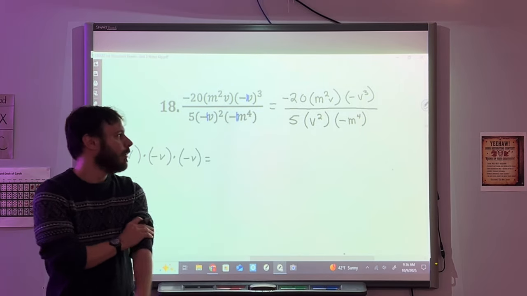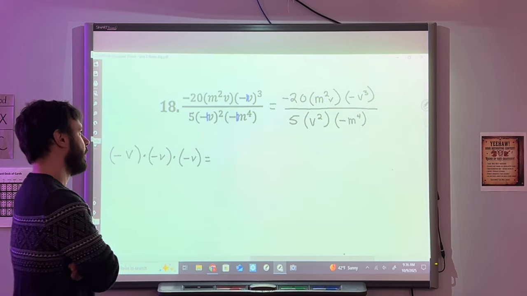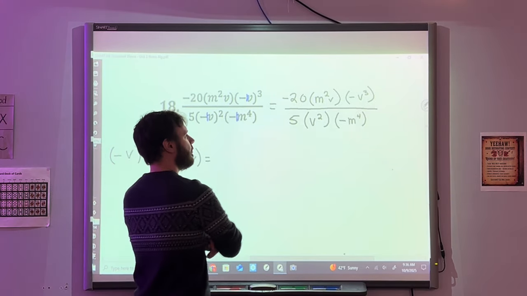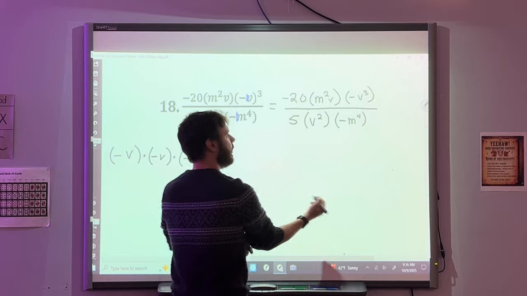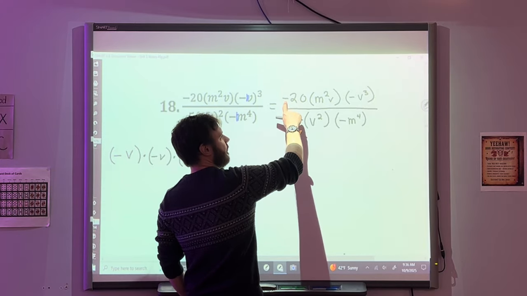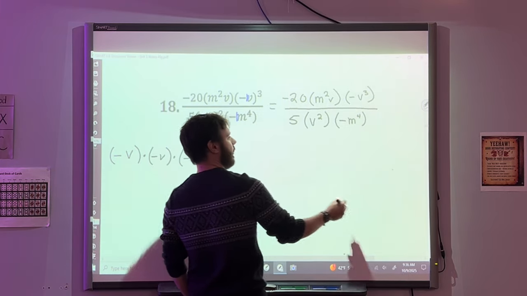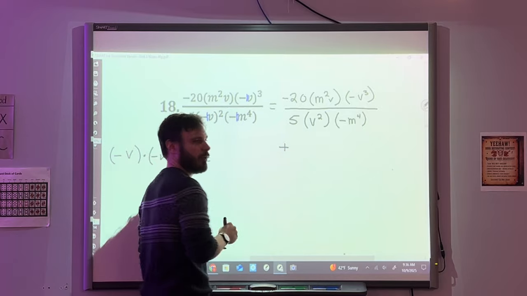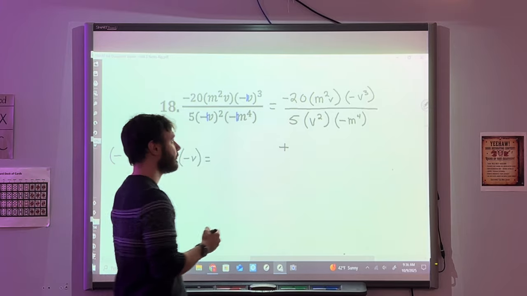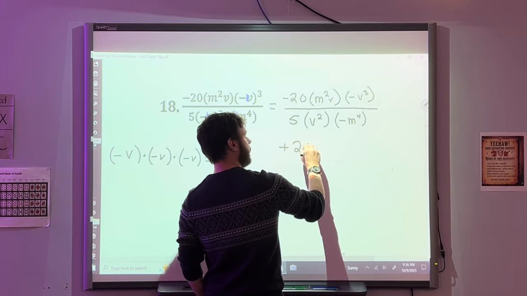Okay, we can start to simplify this. It's coming together. Let's combine everything across the top right now. I have a negative here and a negative here. That's going to make my numerator be positive. I see a 20.